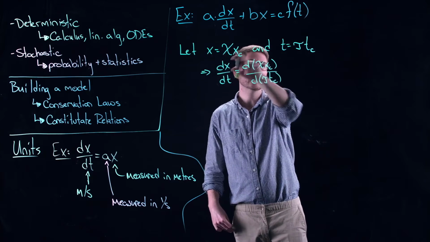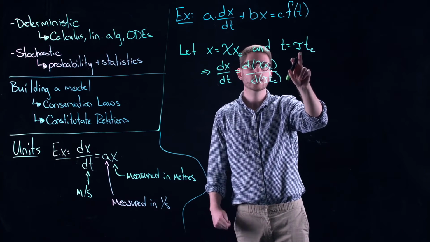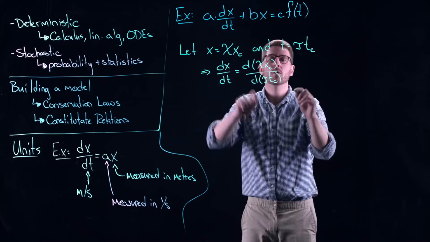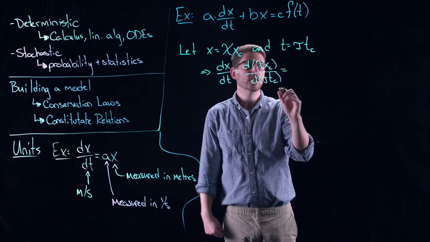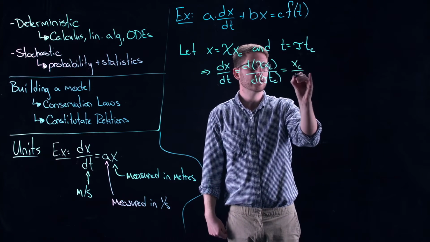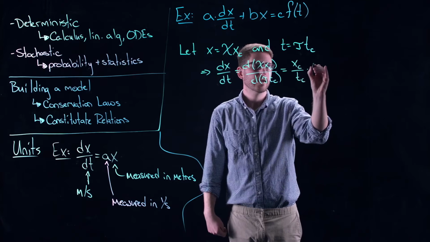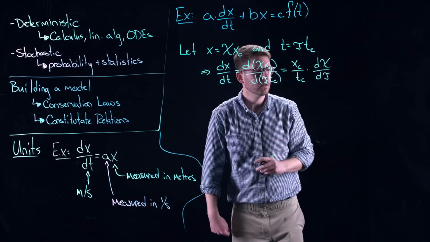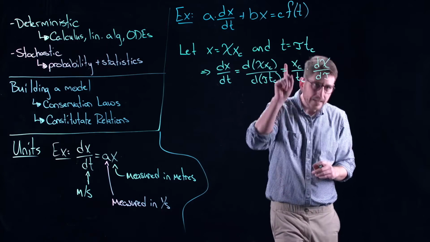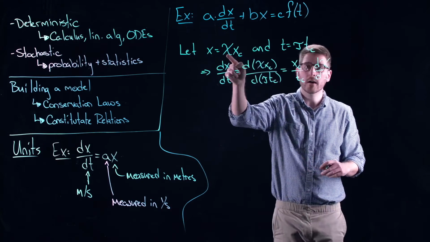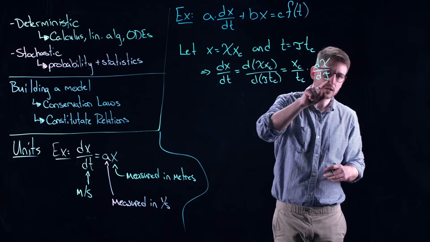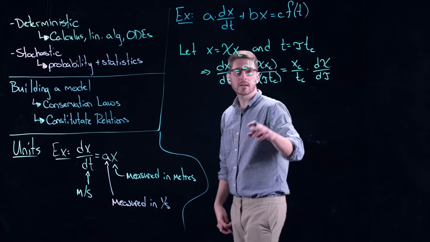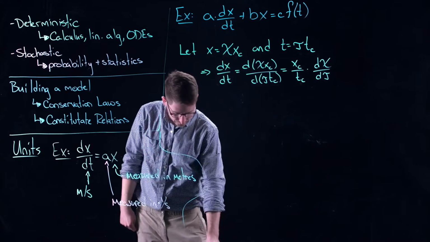Chi and tau are going to be variables, while x_c and t_c are what I scale by, so they're going to be constants. So that means I get x_c and t_c coming out, and I get d chi d tau. What I would like is to have a new variable chi that is a function of tau, which is the natural time scale. And I'm going to do it by finding the right x_c and t_c.